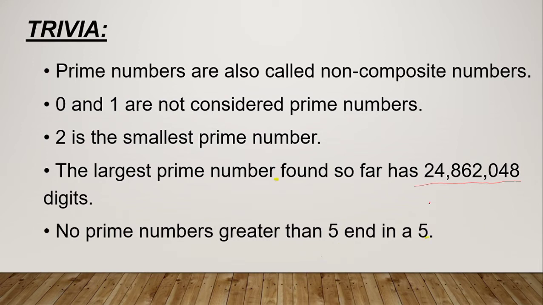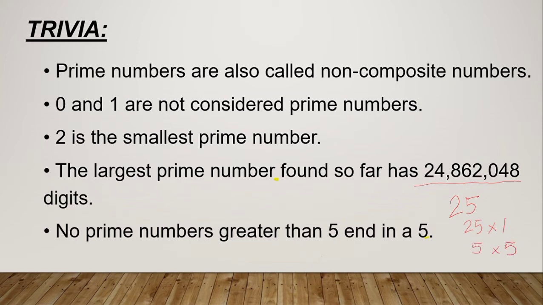So let's try 25, because 25 ends with 5. The factors for 25 are 25 multiplied by 1 and also 5 multiplied by 5.